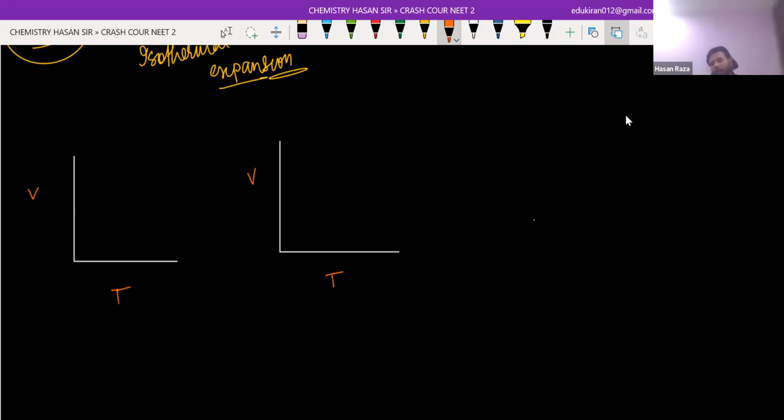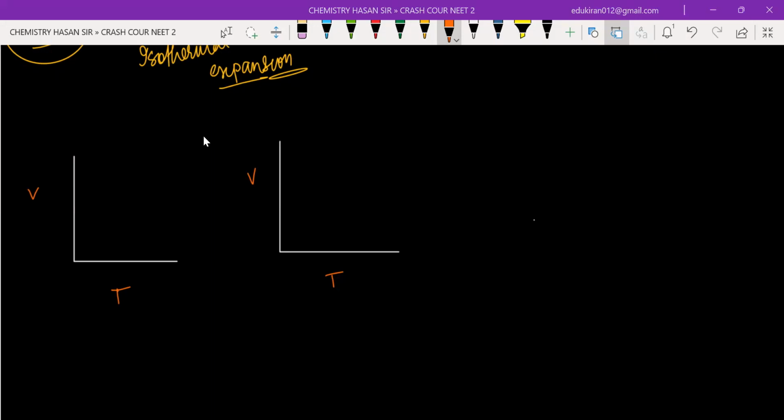You need to draw the graph for isothermal, and you know in isothermal the temperature is constant, so you can do this. Let me know if you don't know or if you have plotted the graph.